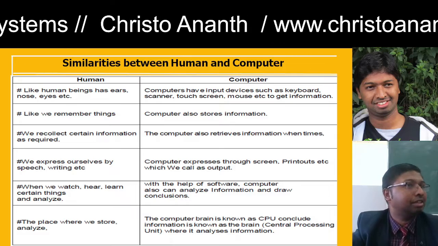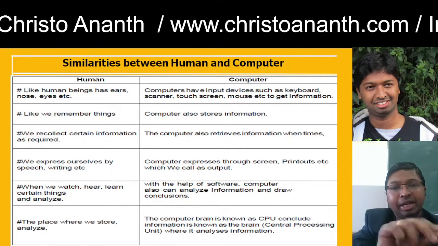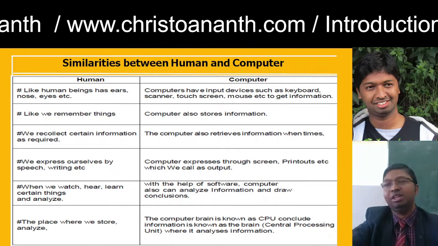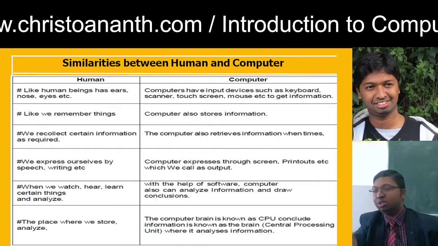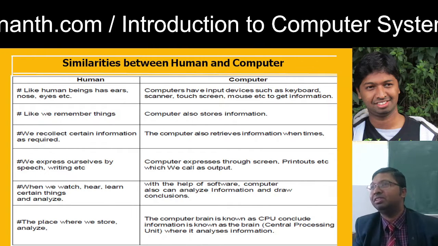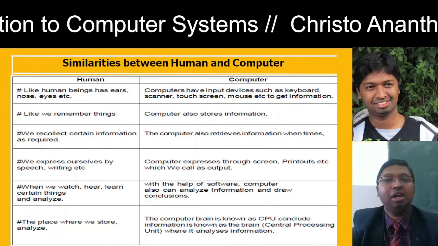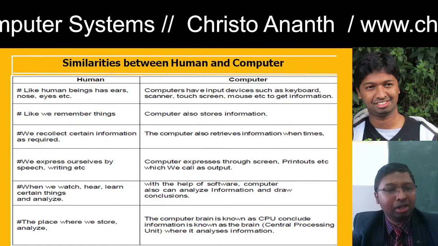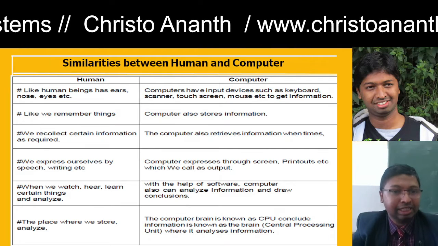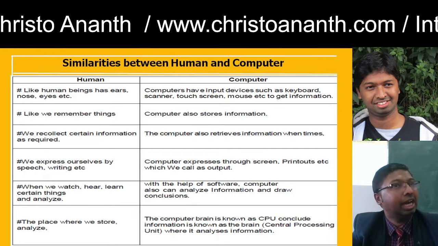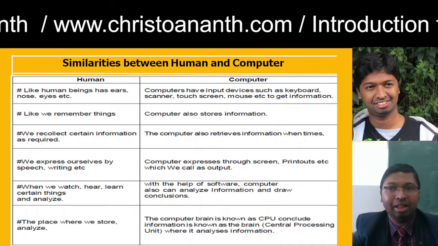We express ourselves by speech, by writing. Computer, through the screen, through the A4 sheet printout, through the A3 sheet printout, it will give the output. We watch, hear, learn certain things, and we can also analyze.